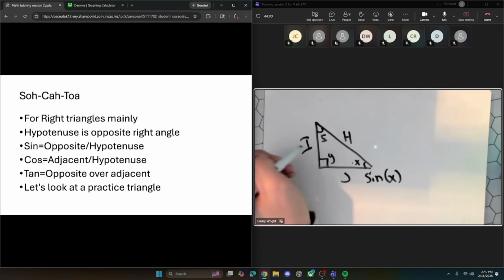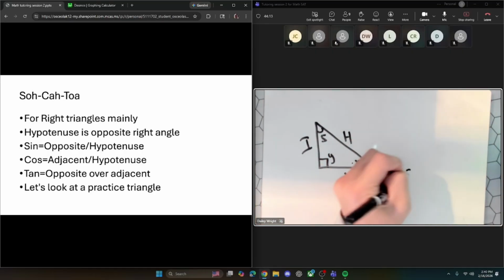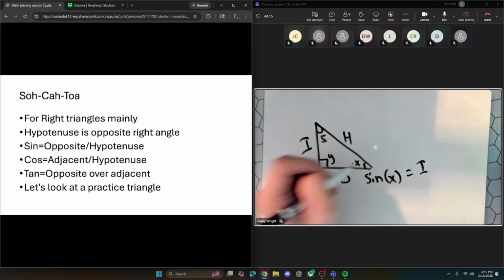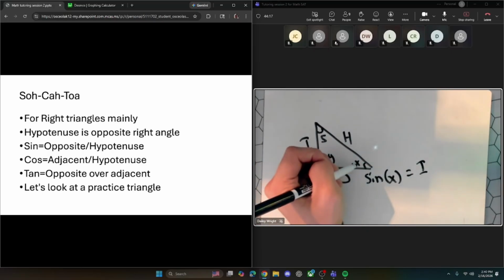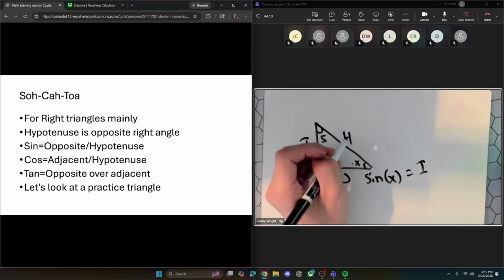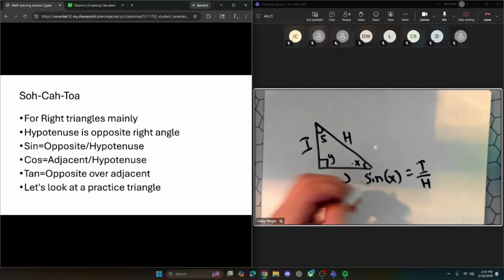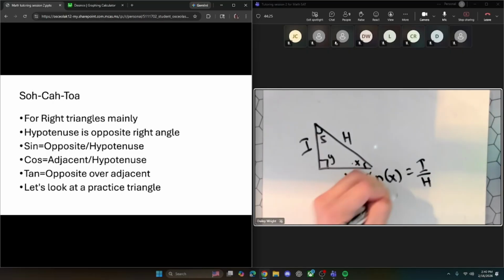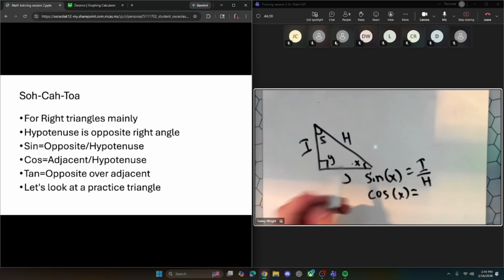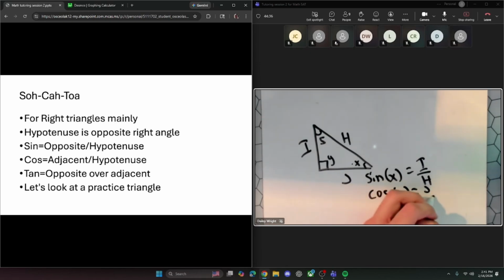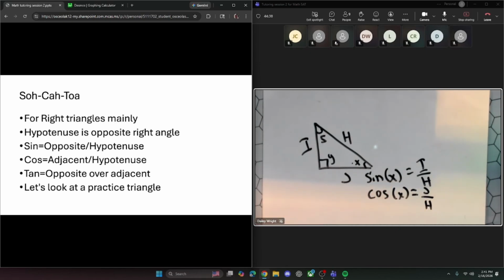Opposite of this angle is this portion, so I, and then over hypotenuse. Hypotenuse is opposite of the right angle, so it would be I over H. Cosine of X would be adjacent over hypotenuse. So the adjacent line to X that is not the hypotenuse is J, so cosine of X is J over H.